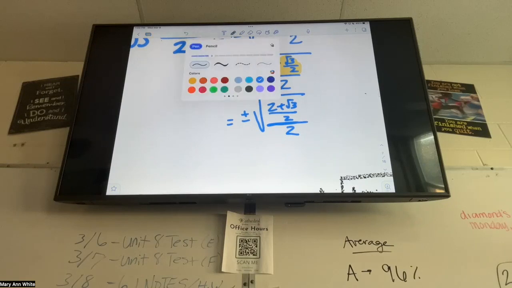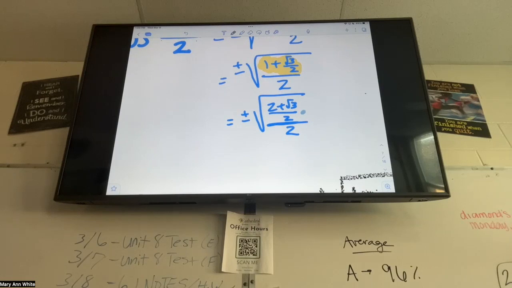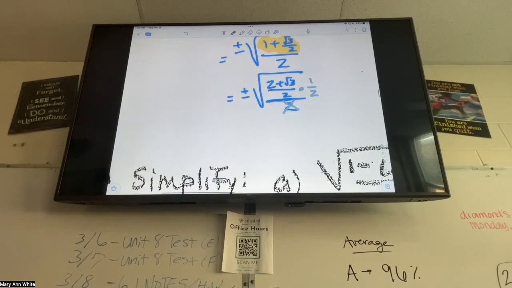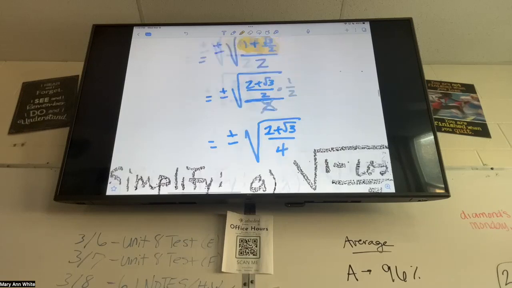But now I want to multiply by what to get rid of that 2 in the denominator, or the big ugly fraction? Multiply by 1 half. So this 2 goes away, and I get 2 plus root 3 all over 4. The last step I really want us to do: I cannot do the square root of 2 plus root 3, right? I can't do that. Can you do the square root of 4? Yes. Good, so my denominator is just going to be 2.